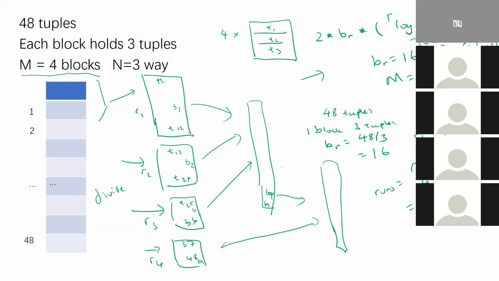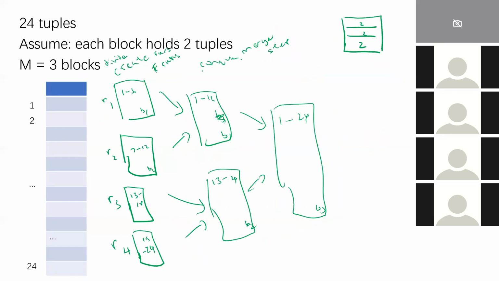Okay, let's try this one now. I will be neater this time. I'm going to write the formula: 2 times BR times the ceiling of log base M minus 1 of BR divided by M, ceiling, plus 1.